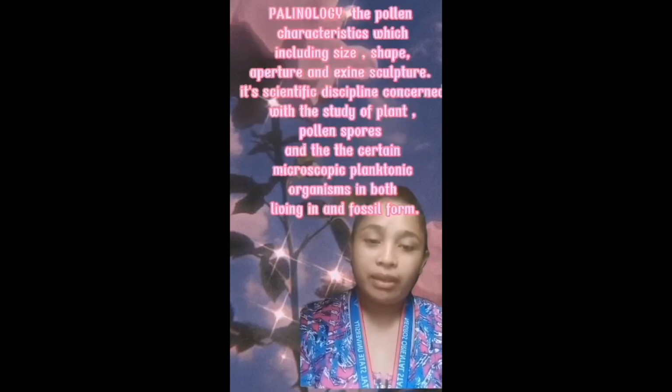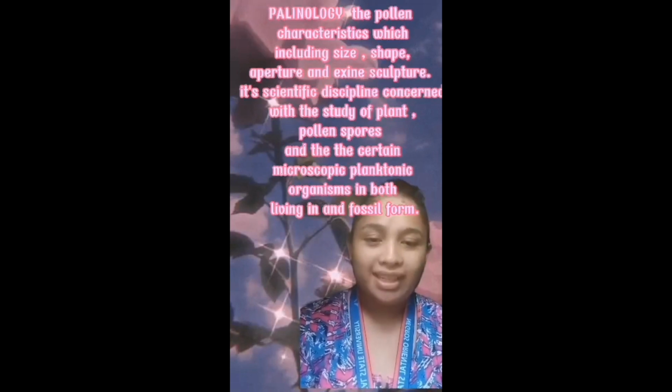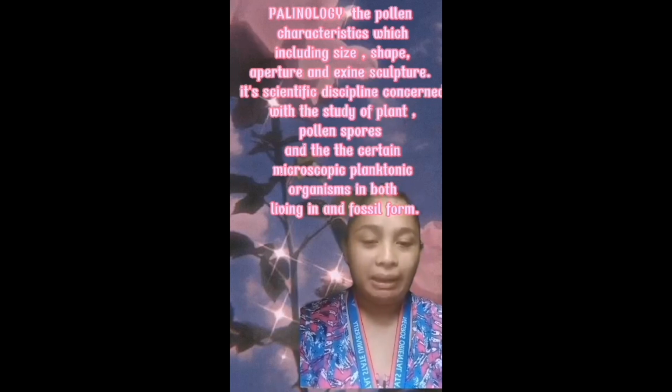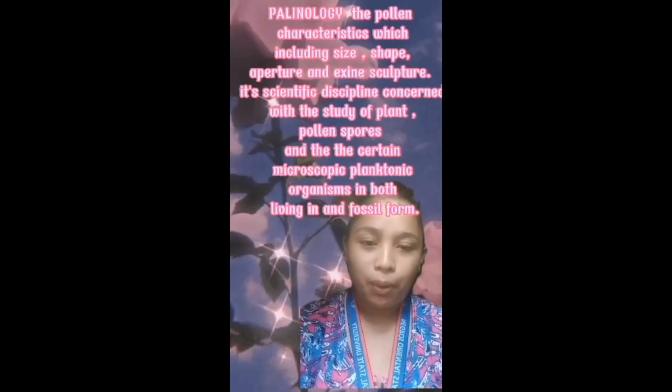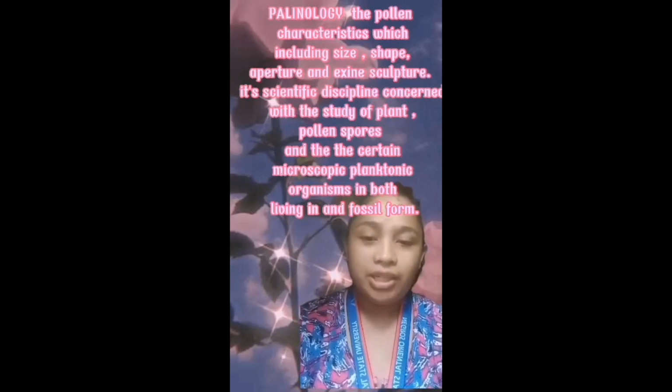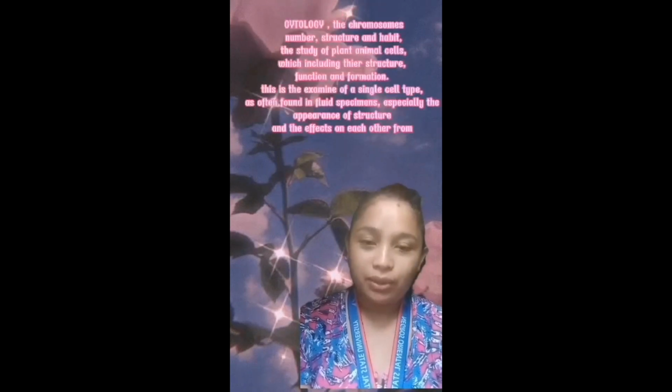The third one is palynology. The pollen characteristics, including size, shape, aperture, and sculpture. It is a scientific discipline concerned with the study of plants, pollen, spores, and certain microscopic planktonic organisms in both living and fossil form. The fourth is cytology.